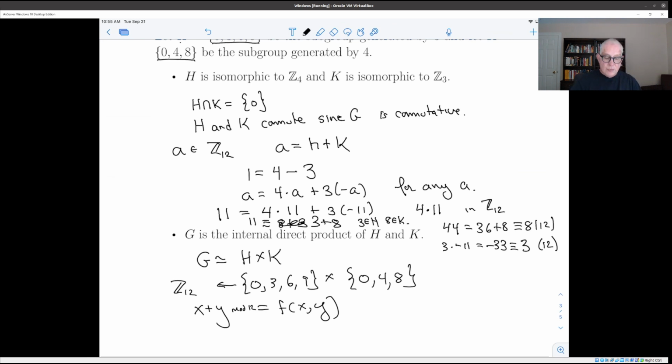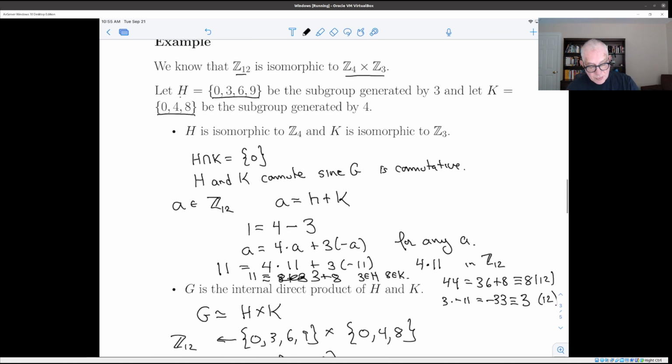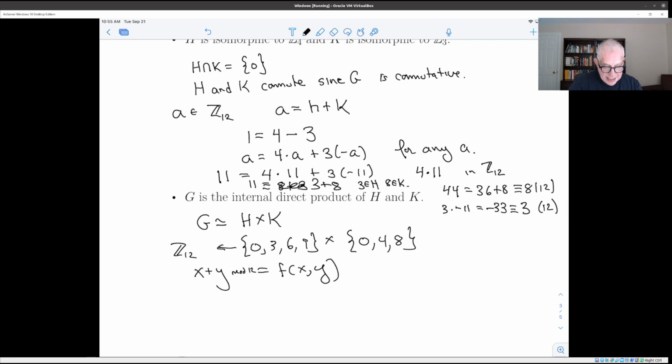And so here we knew already abstractly that Z4 cross Z3 was isomorphic to Z12. Remember how we did that: we showed that the identity element in this group has order 12, and therefore this is a cyclic group of order 12, and we use that to construct an isomorphism. But here we can make that more explicit. We can actually see inside Z12 these two subgroups whose product gives the whole group. And in this sense, it's called an internal direct product.